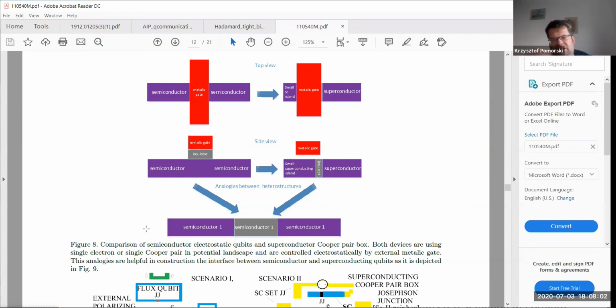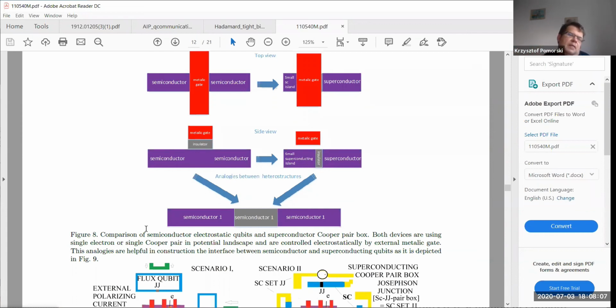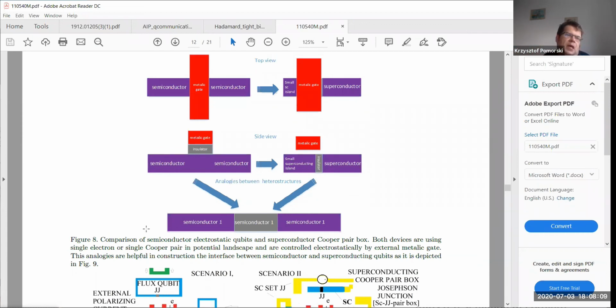In both cases, you are using the biasing electric field. And both systems, it's supposed to be mentioned, are quite much subjected to decoherence due to charge loss.